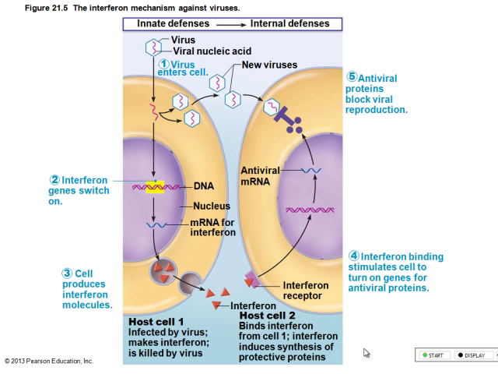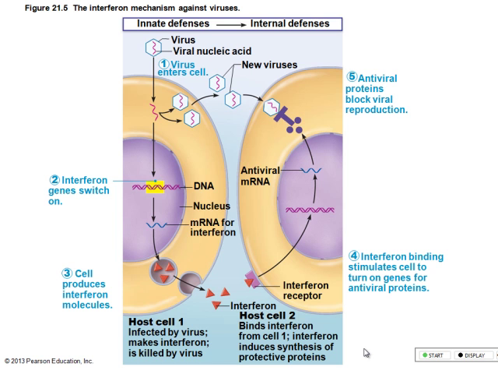So the first antimicrobial protein that we're going to talk about, in this diagram on page 771, figure 21.5, is an example of how interferon is secreted by cells that have been infected by virus to help protect other cells.